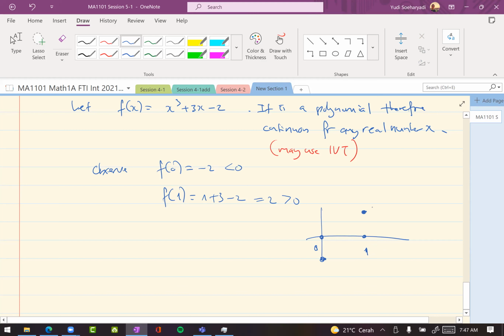So because this is continuous, you should be able to connect these 2 points by continuity.